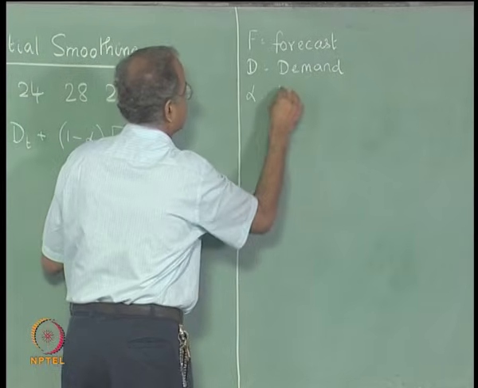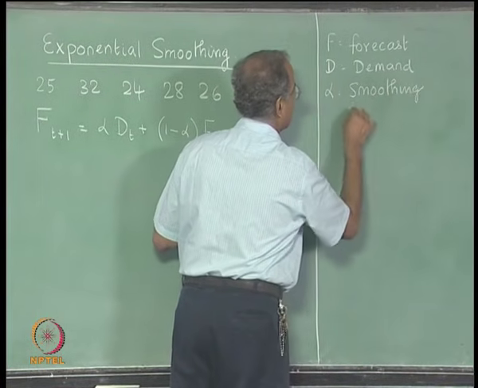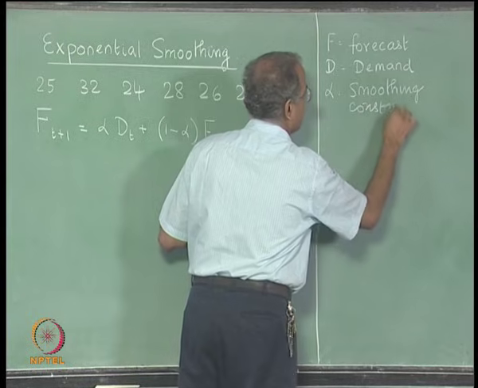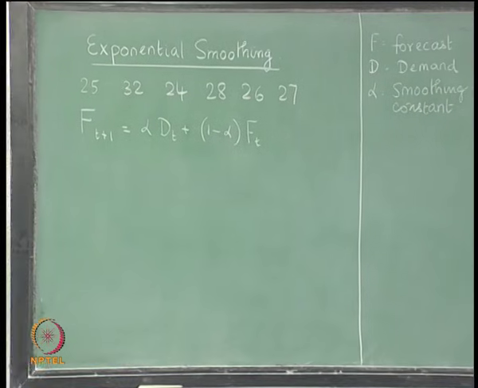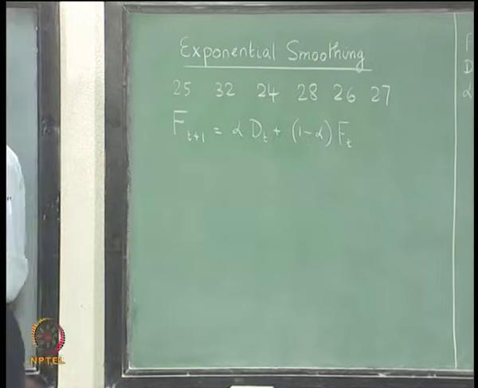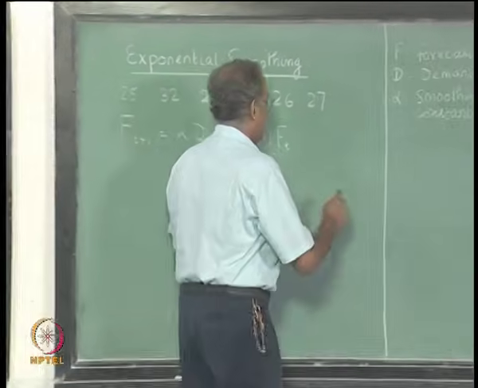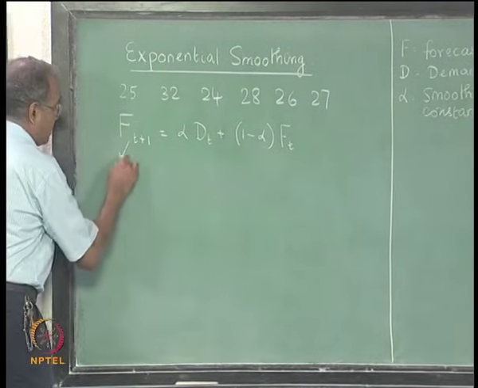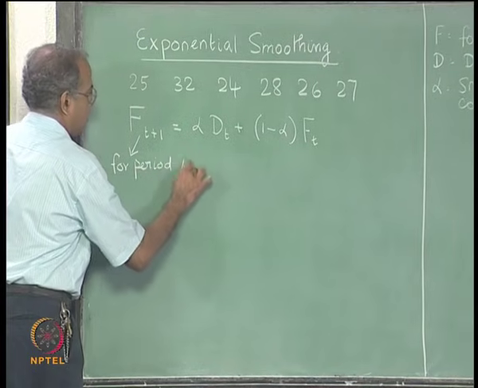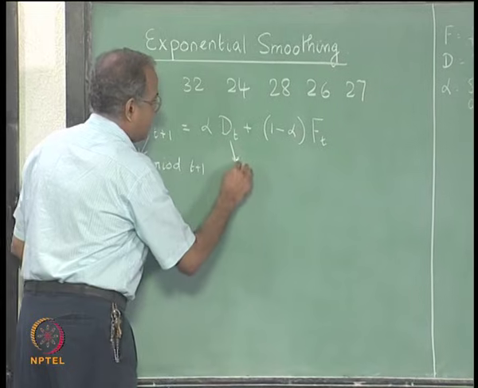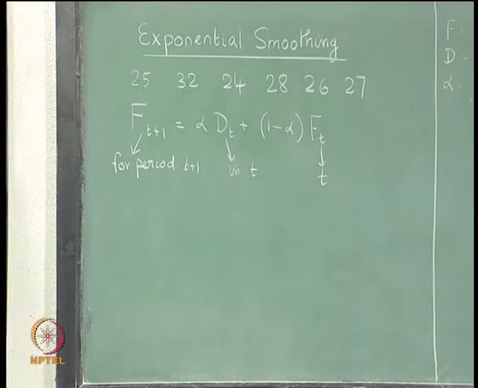Alpha is called a smoothing constant. Now F(t+1) is the forecast for period t+1. D(t) is the demand in period t and F(t) is the forecast for period t.